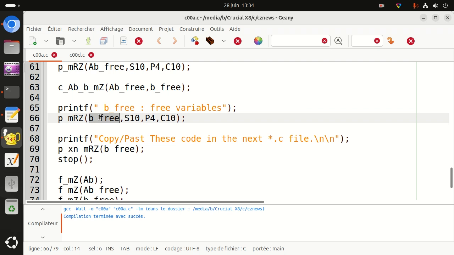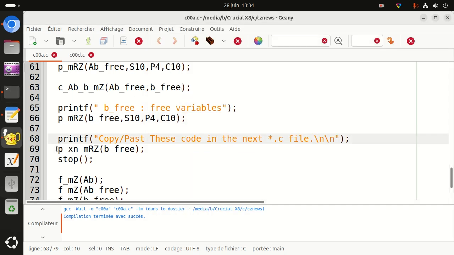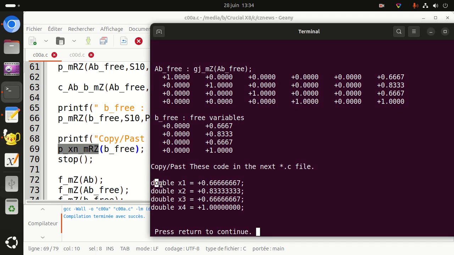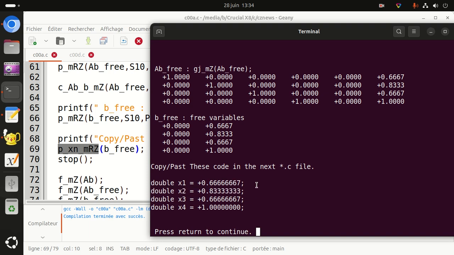You have b3 here, and this function gives this value, gives the code with the free variable.